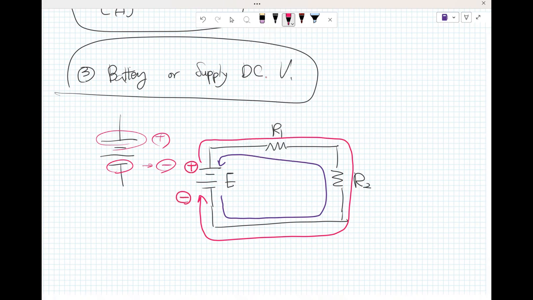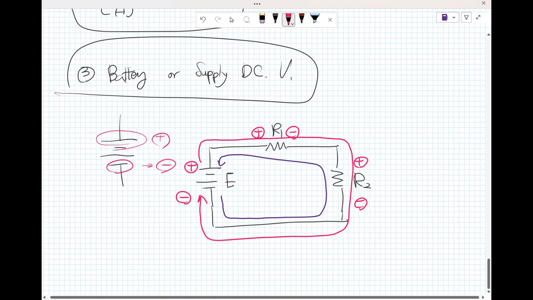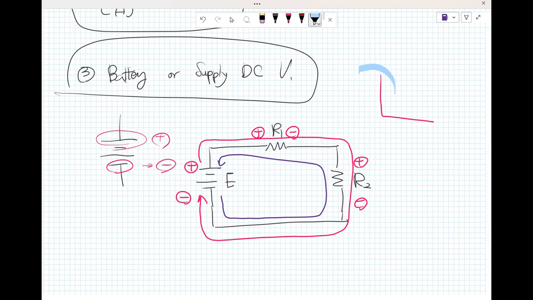The current is the flow of electric charge from the high potential to the low potential, like water flowing from high to low.